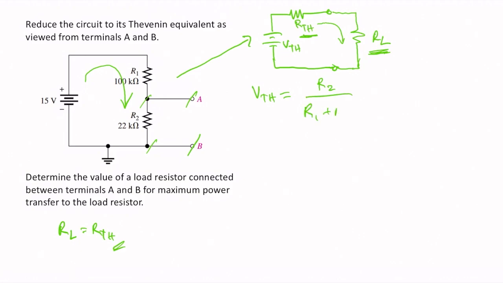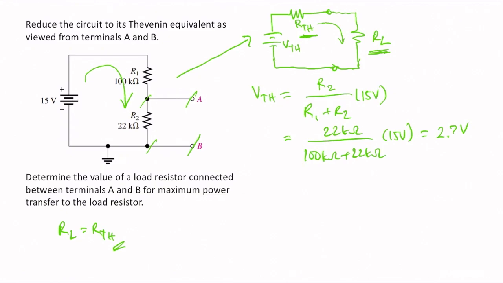R2 over R1 plus R2 times 15 volts, okay, which is then equal to 22 kilo ohms divided by 100 kilo ohms plus 22 kilo ohms times 15 volts. And this gives us 2.7 volts. So this is equal to 2.7 volts.